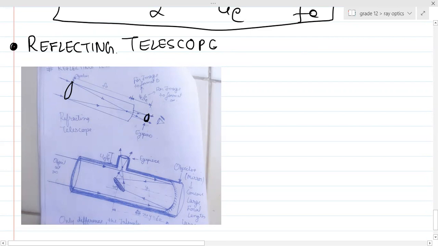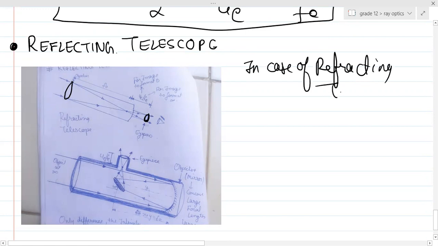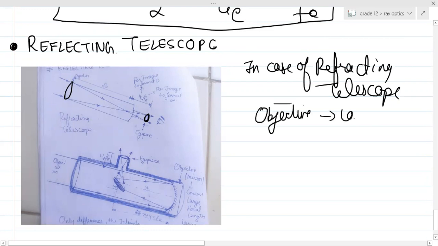But what is the problem in the case of a refracting telescope? Do you remember this objective was basically of large aperture? Objective lens was basically large aperture, right?